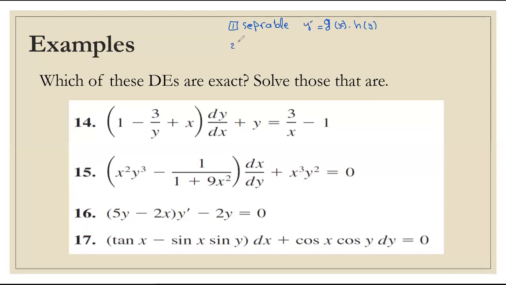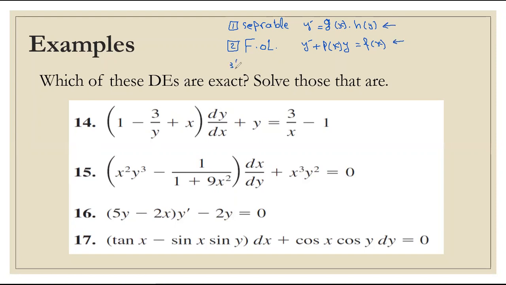Then, in the third lecture, we studied first order linear, which means my differential equation is y prime plus p(x) y equals f(x). So those two kinds we studied.